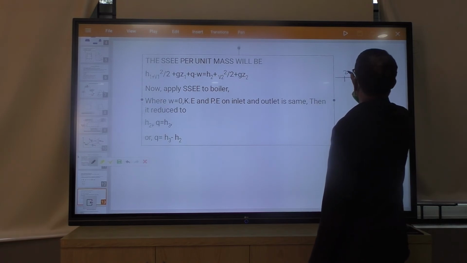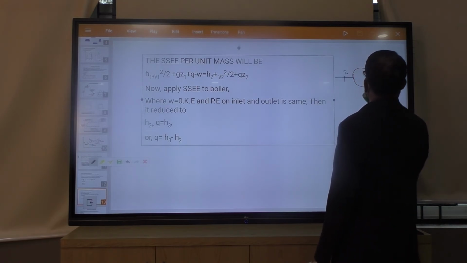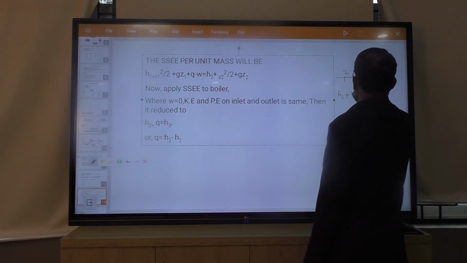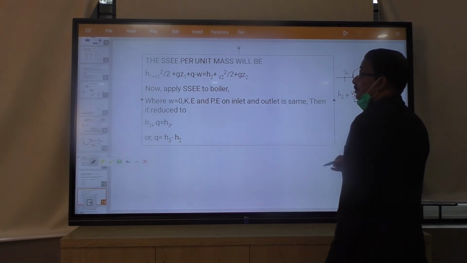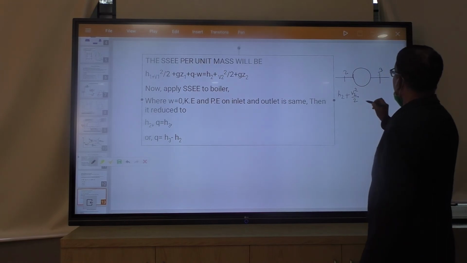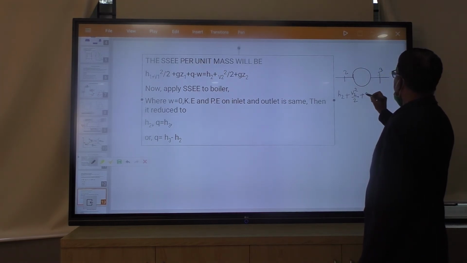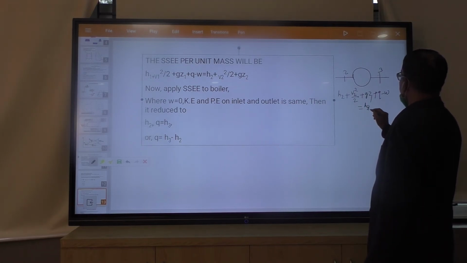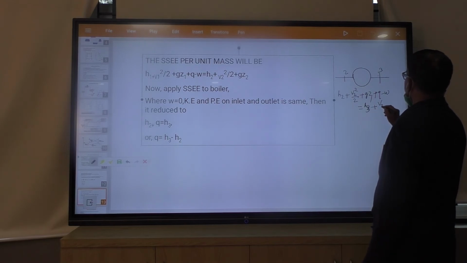This is point 2, inlet of the boiler, and outlet of the boiler. Here you apply the steady state energy equation. It is H2 plus V2 square by 2 plus gZ2 plus Q minus W is equal to H3 plus V3 square by 2 plus gZ3.